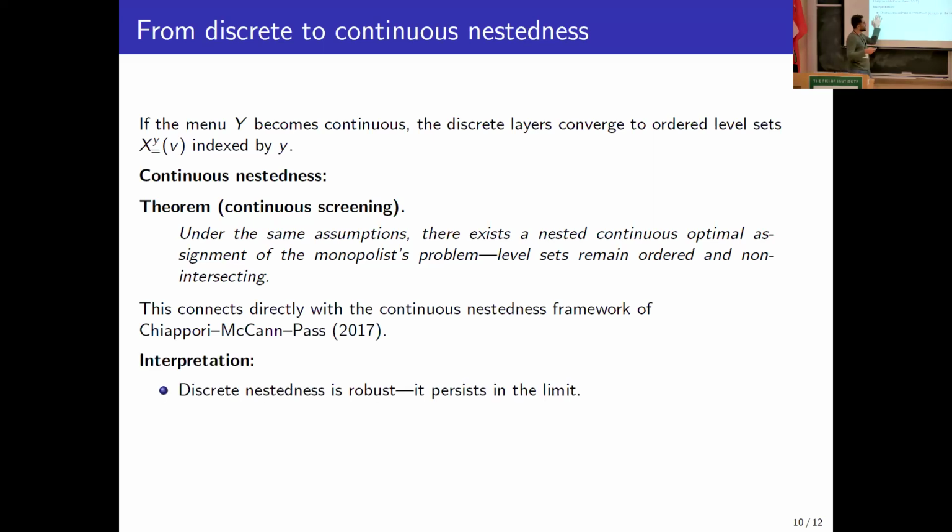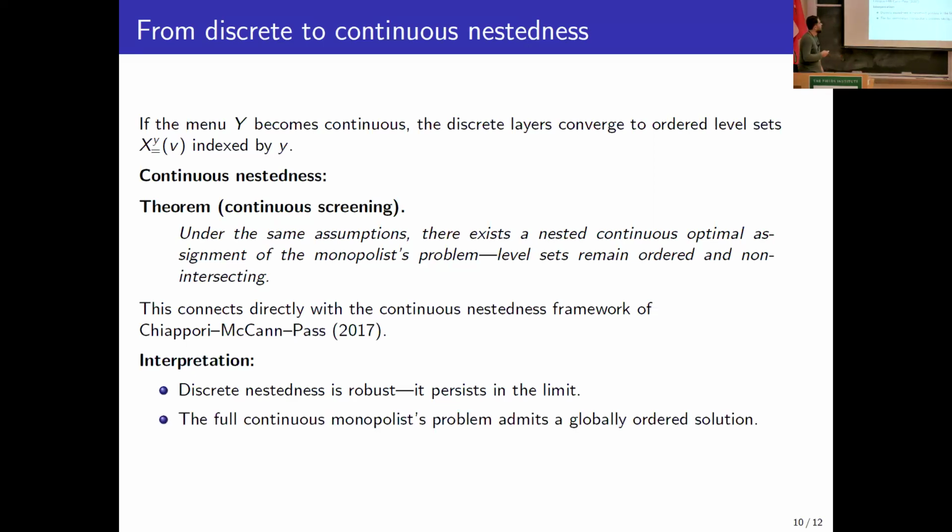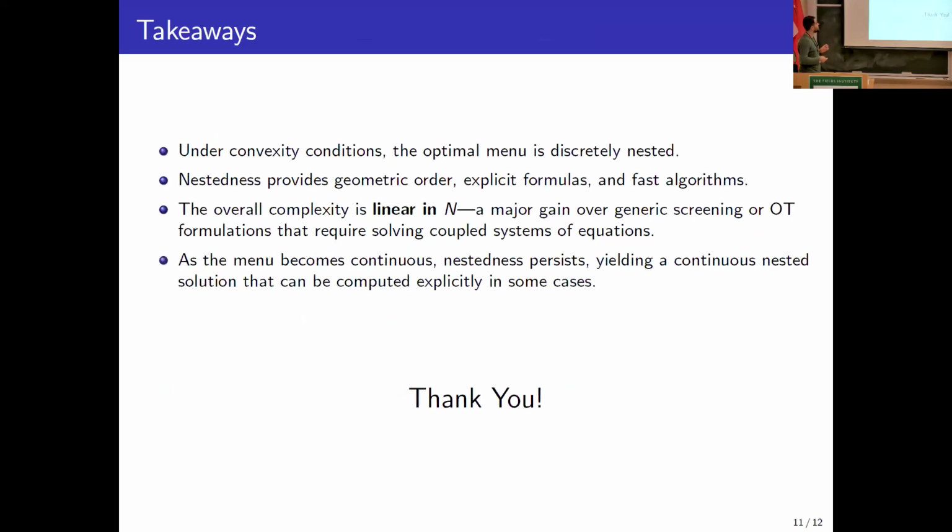So we proved that the discretely nested solution will converge to a continuous nested solution as the discrete y goes to the interval y. And we get a continuous solution for the monopolist problem with continuous y. And it's globally ordered, as we mentioned.